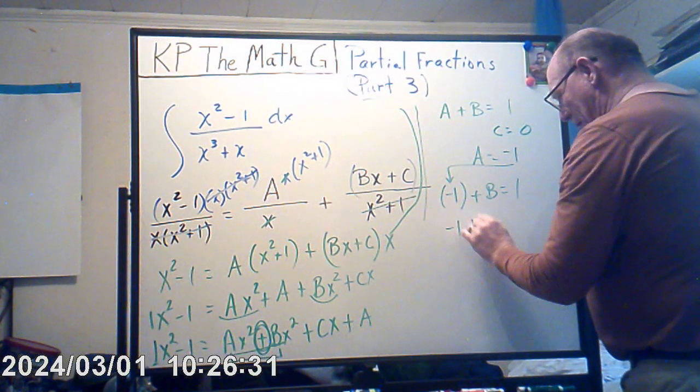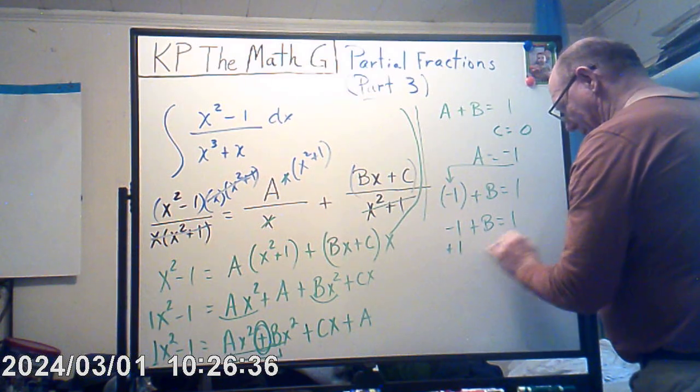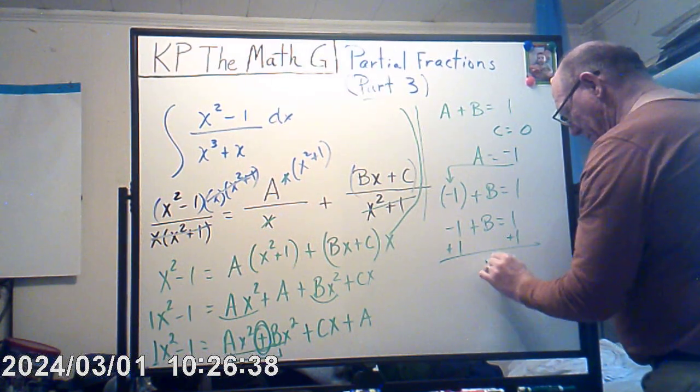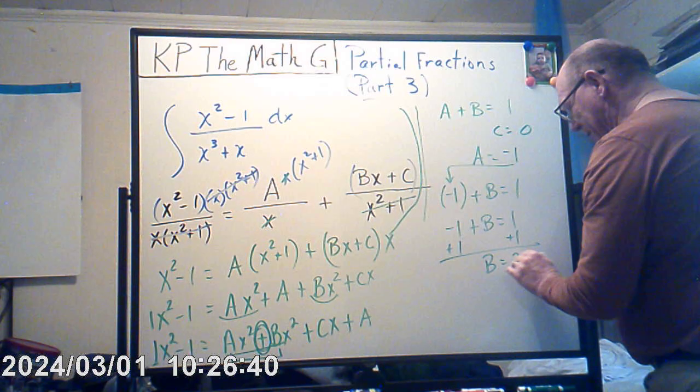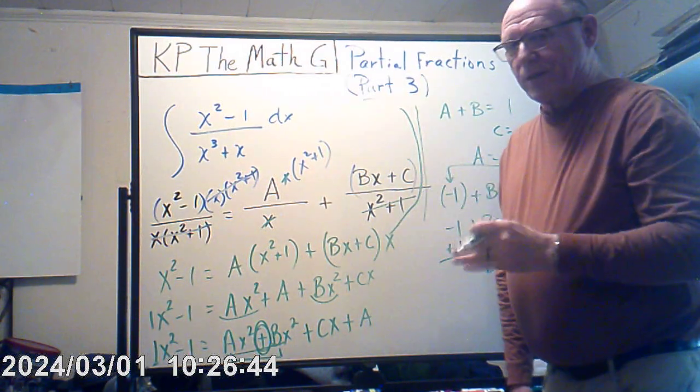Then -1 plus B is 1, and I'm going to add 1 to both sides. B is equal to 2. So that was a lot easier than we might have originally thought.